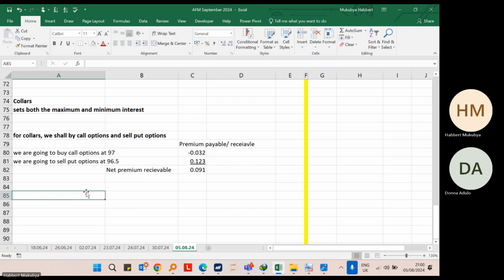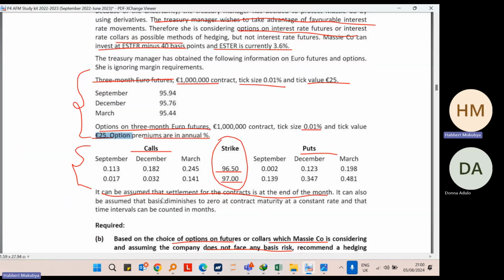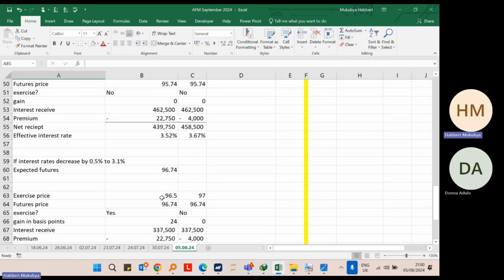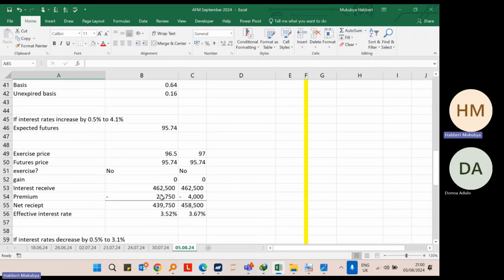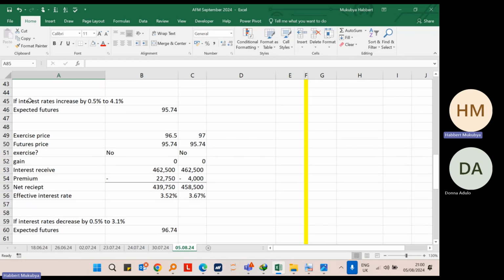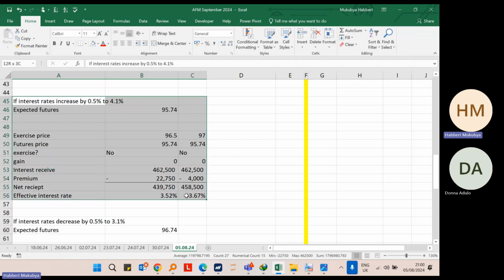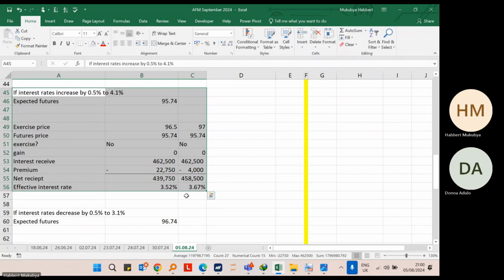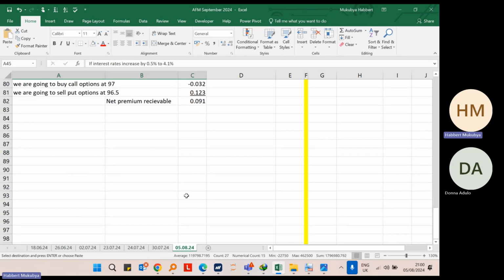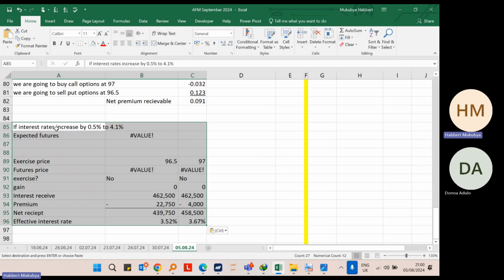So at that point now, I can go and start looking at, again, what will happen if the interest rates change. So we don't have to do any more math, which is very confusing. We can just copy this thing here. Because we are basically looking at both of them again, but now looking at options, I mean collars.